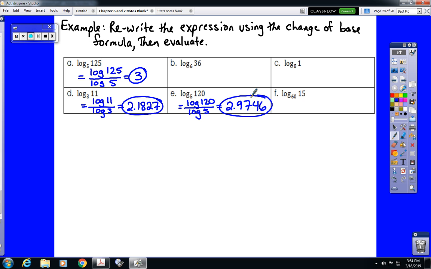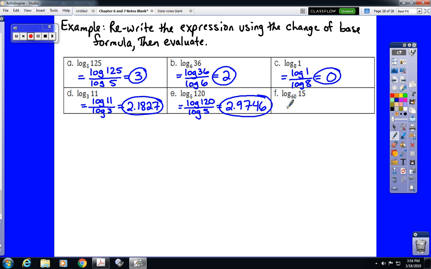Okay, so on letter B, you should have written the log of 36 divided by the log of 6. But again, we've done this one already. When you feed that to the calculator, you should get an exact answer of 2. On letter C, you should have written the log of 1 over the log of 8, the log of 1 divided by the log of 8, which is exactly 0.